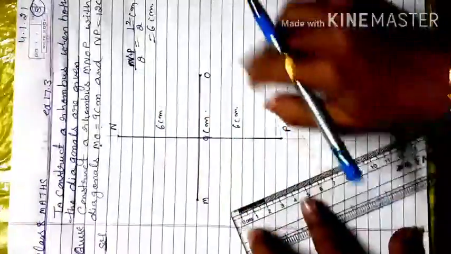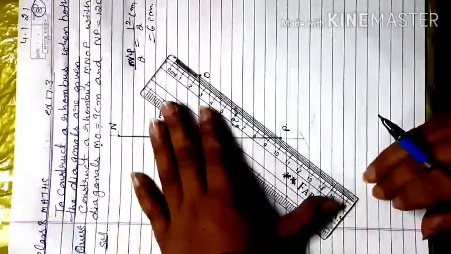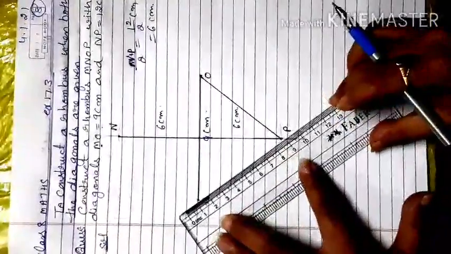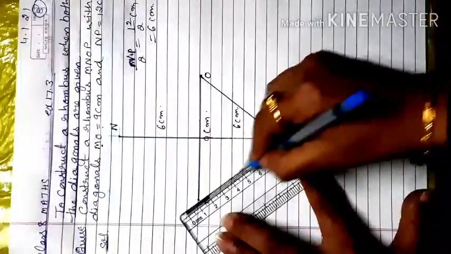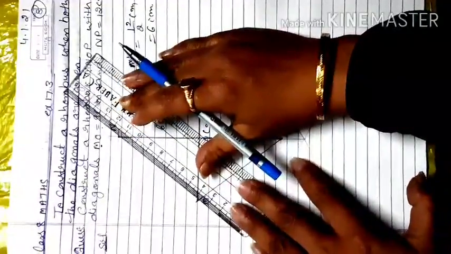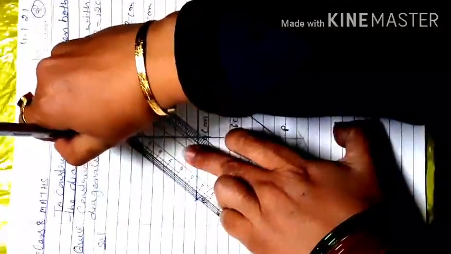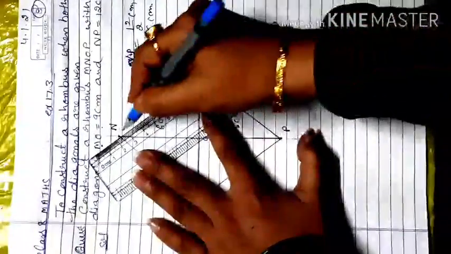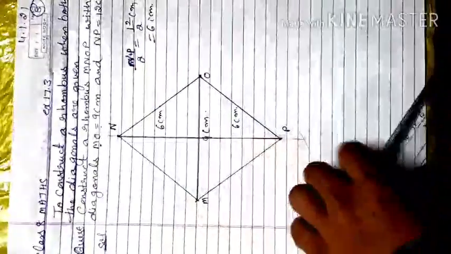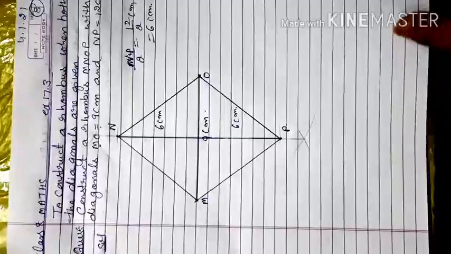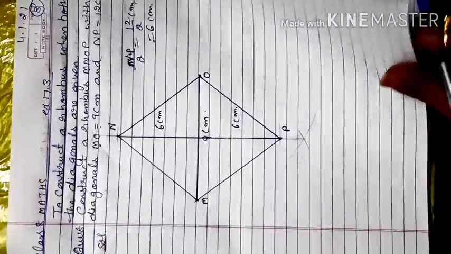Now you join all the sides here, that is OP, MP, and this is MN, and this is NO. So this is your required rhombus. This way you can draw the rhombus if you have two diagonals given to you.